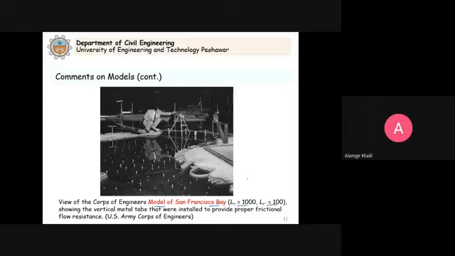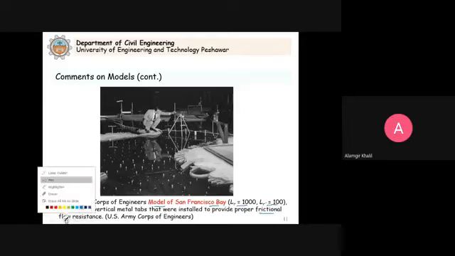Now the important point to discuss here is that in the prototype we have the frictional flow resistance, clear. So how do we simulate that frictional flow resistance in the model?